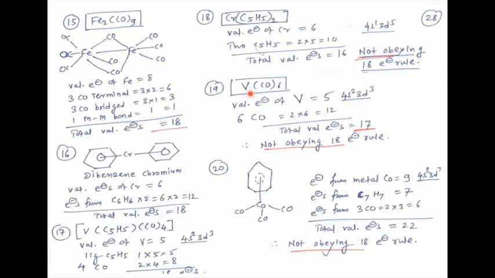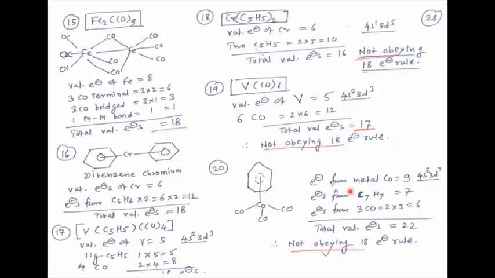Second disobeying complex, vanadium hexacarbonyl, V(CO)6. Again the valence electrons of vanadium are 5, 4s2 3d3, and 12 electrons are donated by the carbonyls because each carbonyl donates 2 electrons, there are 6 carbonyl groups. So total valence electrons are 5 plus 12, 17. It is not 18 and therefore it is not obeying the 18 electron rule.